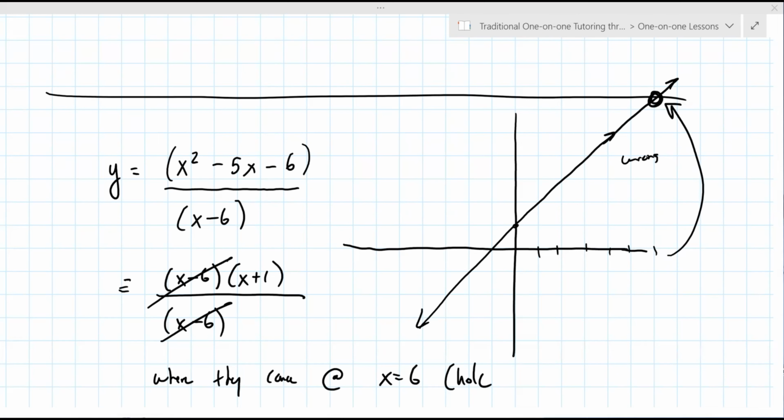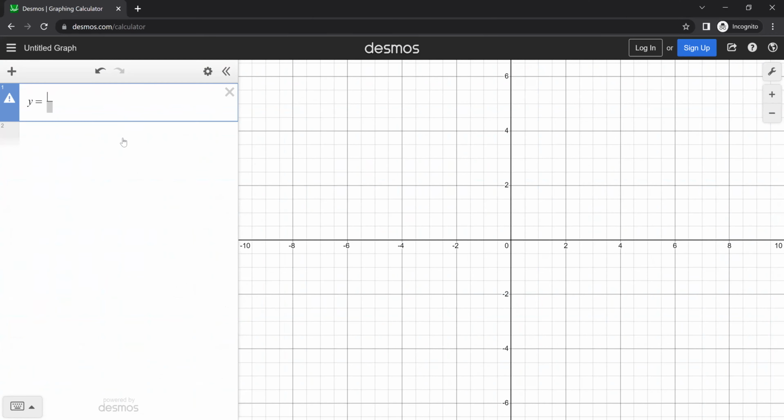So let me do this. I'm going to just share another screen here. I'm going to graph the same thing here because I want you to see what happens.